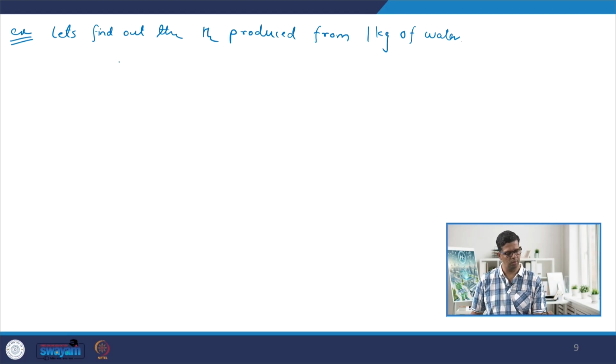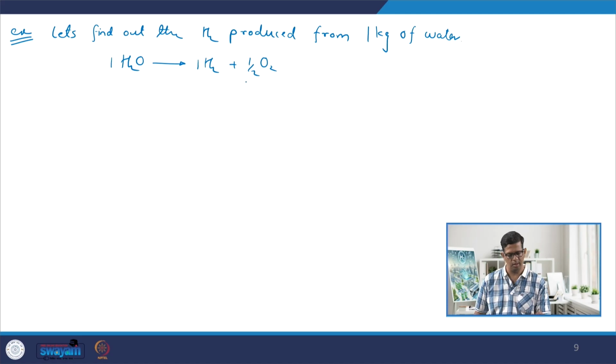So we know that water, when it is electrolyzed, gives hydrogen and half mole of oxygen. As we can understand, 1 mole of water gets us 1 mole of hydrogen and half mole of oxygen. So let me write this down.